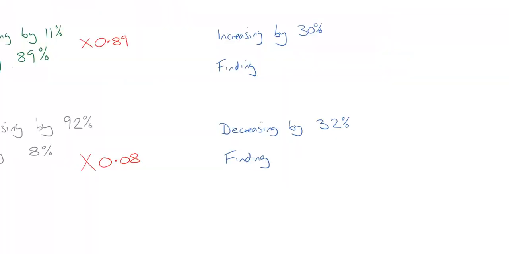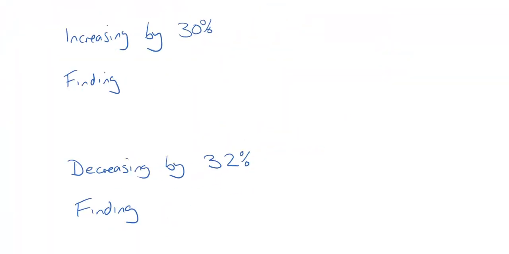So let's see if we can just think carefully now about these multipliers yourself. So before I give the answer, can you think what increasing by 30% is equivalent to? Of course, it's finding 130%. What's that equivalent multiplier? It's multiplying by 1.3 or 1.30.